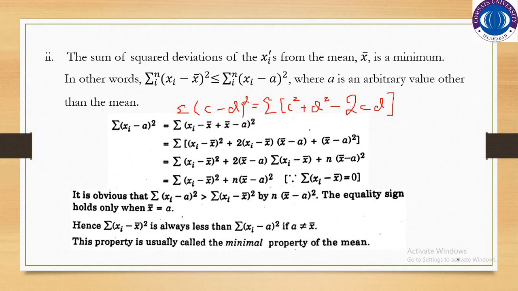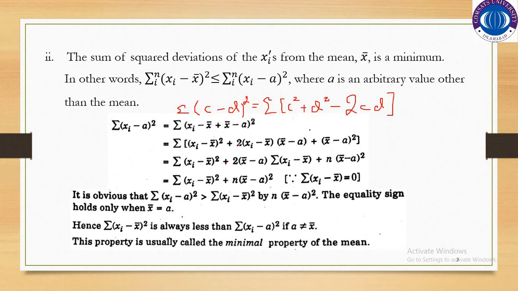Here c is equal to x minus x bar, d is equal to x bar minus a, so this is equal to x minus x bar whole square plus x bar minus a whole square plus 2 times x minus x bar into x bar minus a.